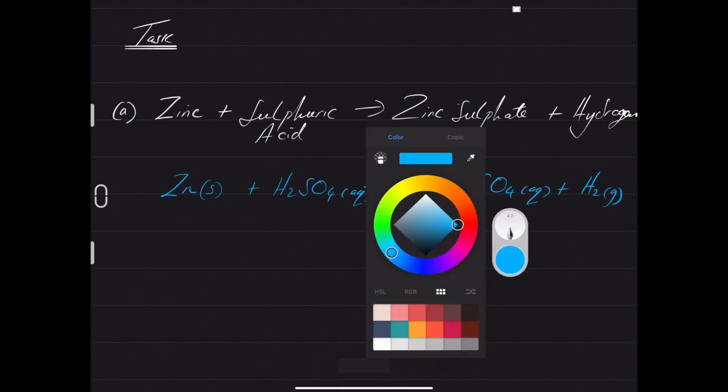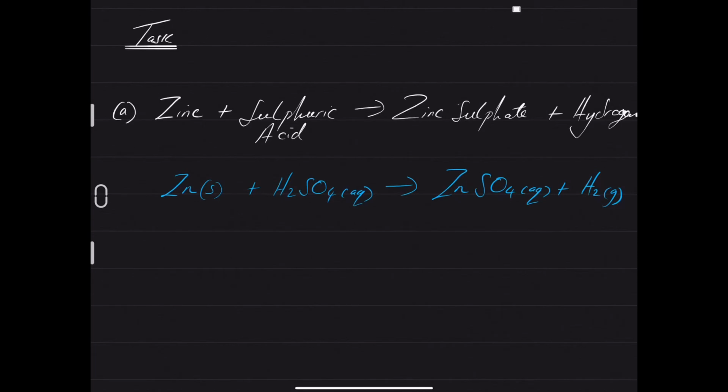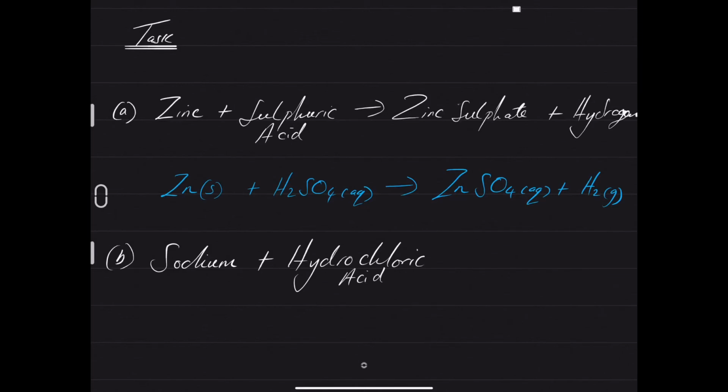Now the other one was looking at sodium. So the word equation for this would have been sodium plus hydrochloric acid gives sodium chloride plus hydrogen.